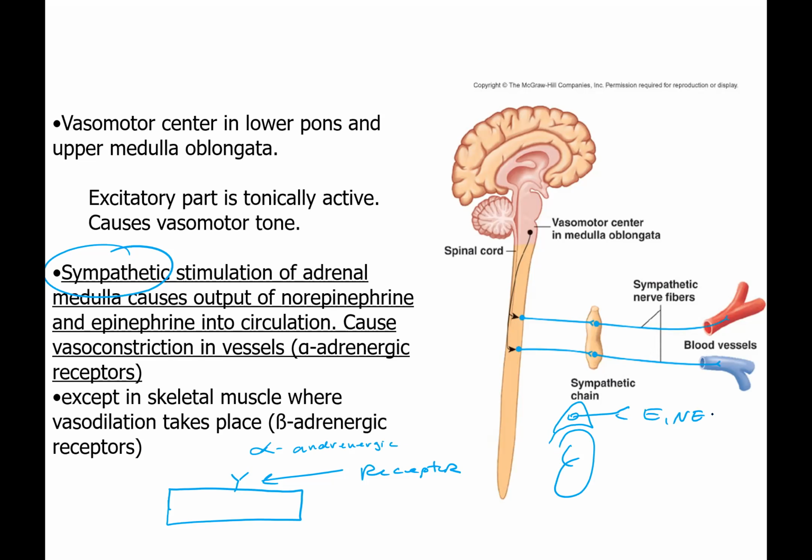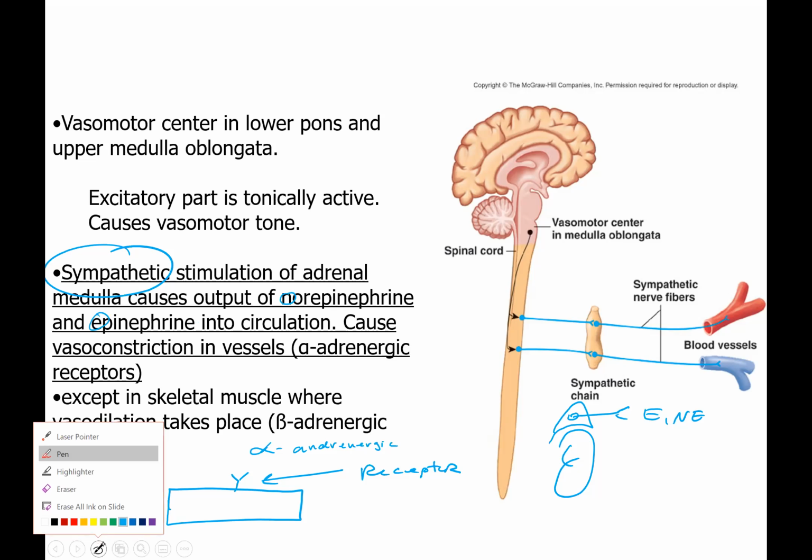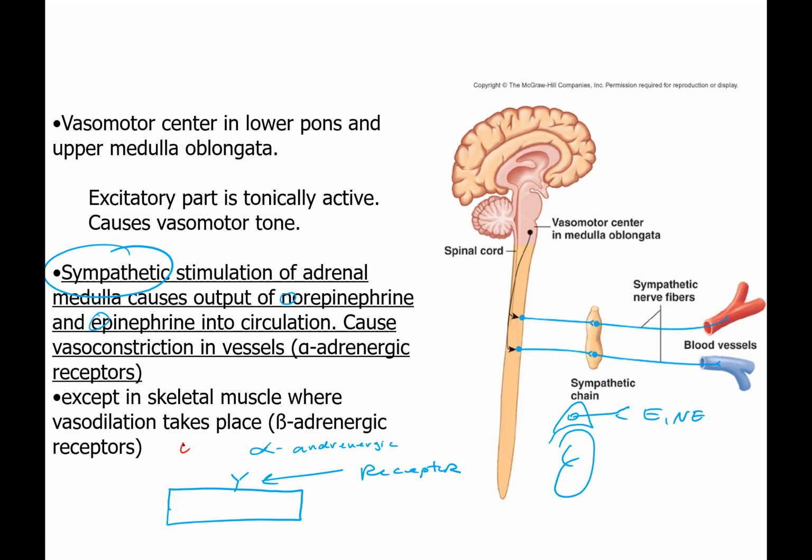When this is recruited, it's going to find receptors. If in the blood vessels it binds to an alpha adrenergic receptor, it is going to cause vasoconstriction.